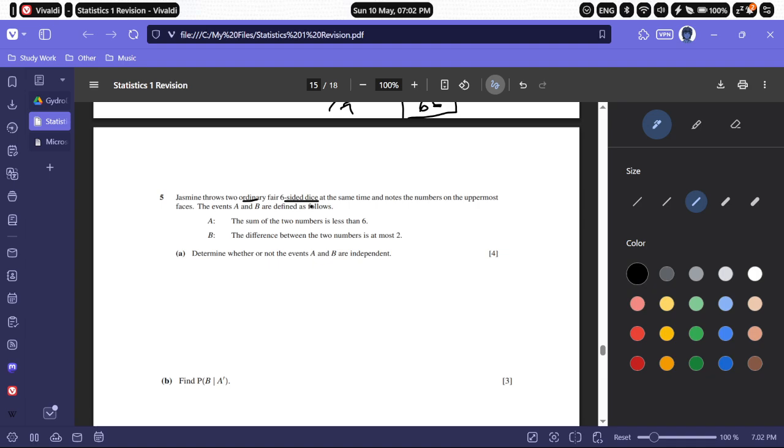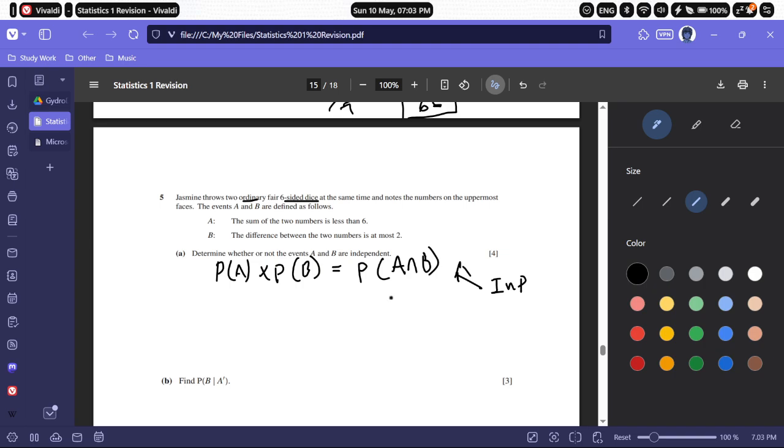Determine whether or not the events A and B are independent. The condition is that if P of A times P of B equals P of A intersection B, then they are independent.